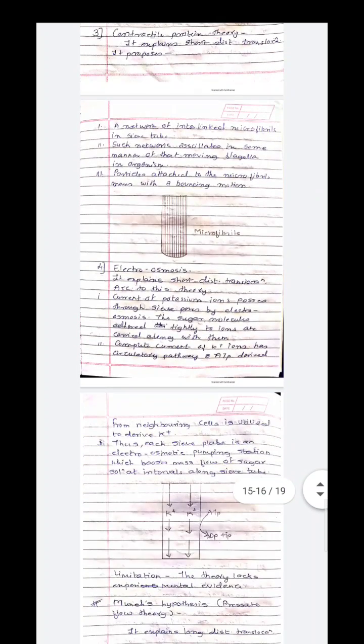Then the third, contractile protein theory, explains the microfibrils in sieve tubes. These microfibrils form the network of the interlinked cells, and they are helpful in the moving of the flagellas in organisms, and the particles will be attached with these microfibrils, and they can move in bouncing manner. Then fourth theory is electroosmosis.